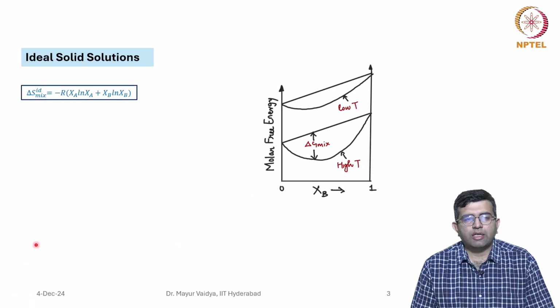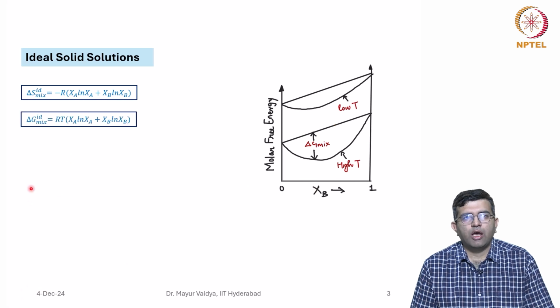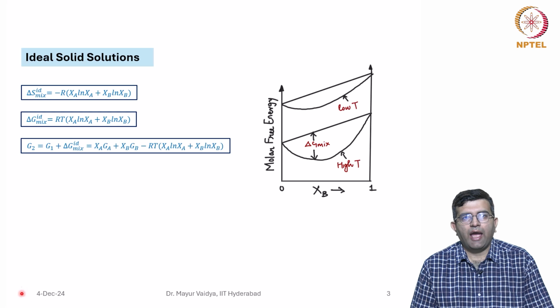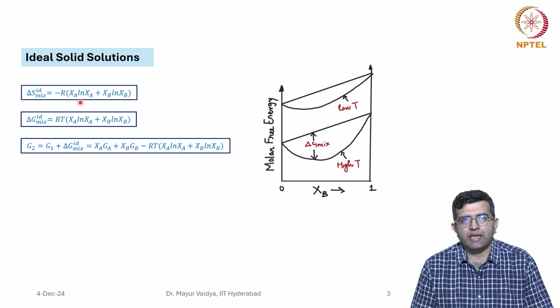So in the case of an ideal solid solution, the delta H mix is 0, and the configurational entropy, or delta S mix, is given by minus R (XA ln XA plus XB ln XB).